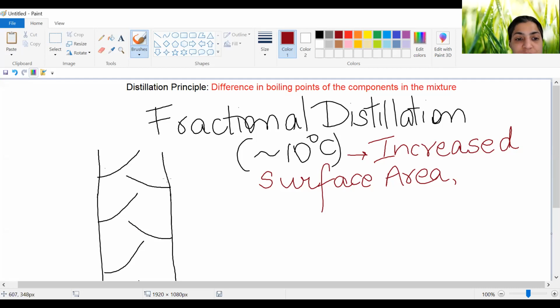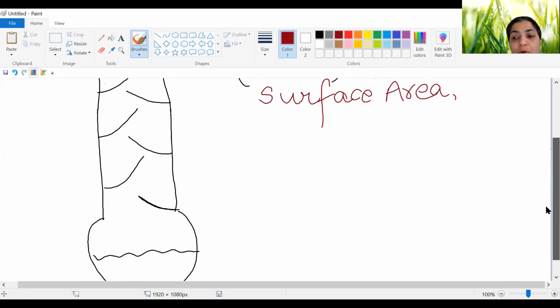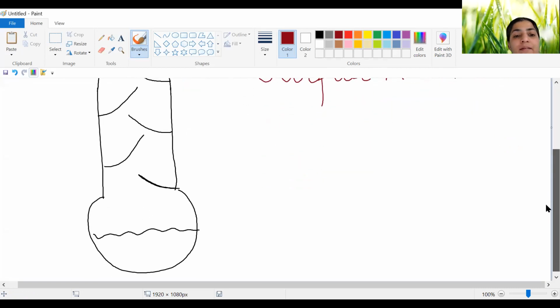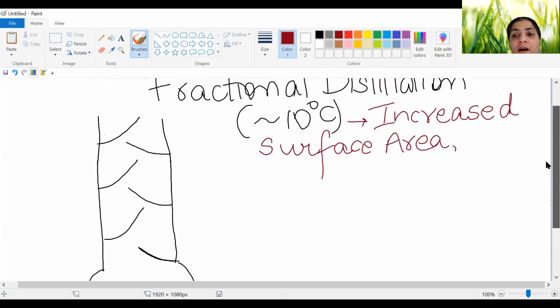These fractions, which we have introduced or are pre-created in the apparatus itself, increase the surface area where cooling can happen and your material can be collected.